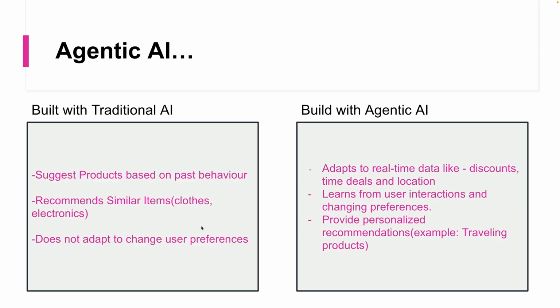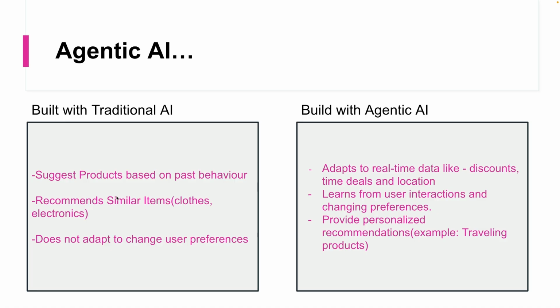Now let's see some of the basic differences between applications built with traditional AI and those built with agentic AI. We had recommendation systems before generative AI or agentic AI. But what are the disadvantages of those traditional AIs?